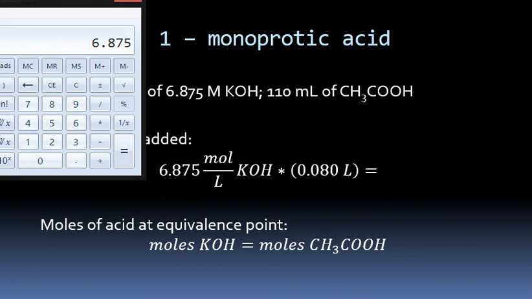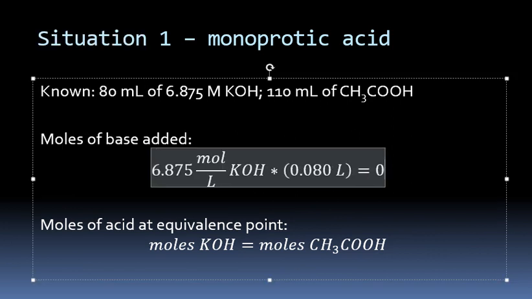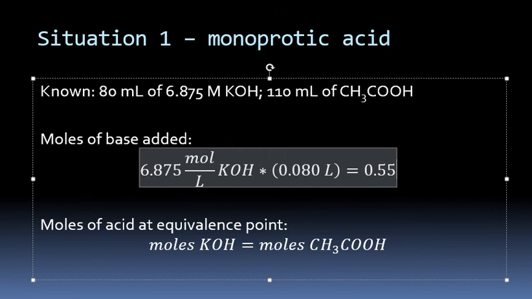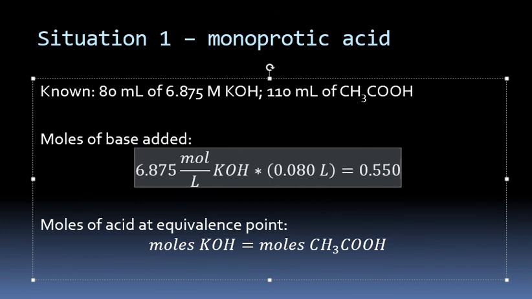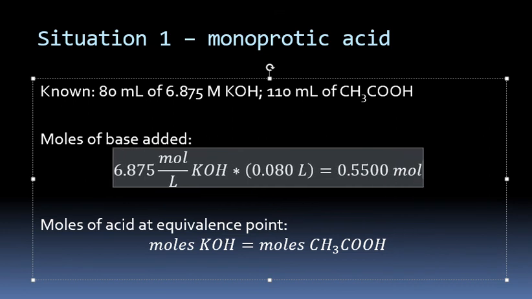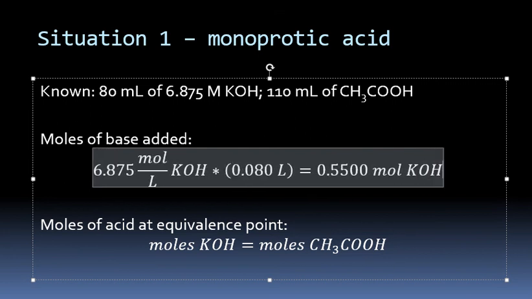We have our molarity of 6.875 moles per liter of KOH. Let's multiply that by our 80 milliliters, or 0.08 liters, in order to determine the moles of base we added. In this case, we added 0.5500 moles of KOH.